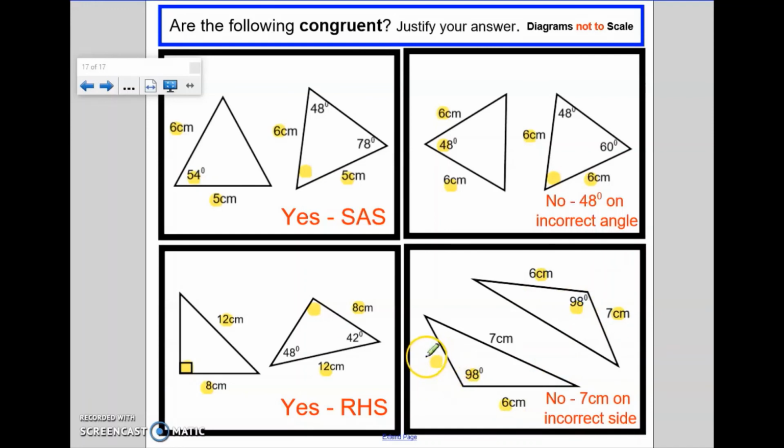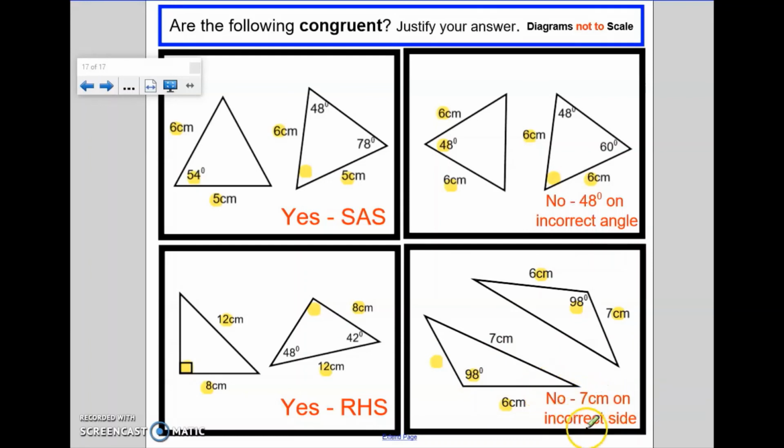So here, the 7 centimeters should be in order to prove congruency. So that 7 centimeters should be over here. So one way of explaining it is that this 7 centimeters is on the incorrect side, but we could also justify by saying the 98 degrees, the angle is not in a corresponding place as well.